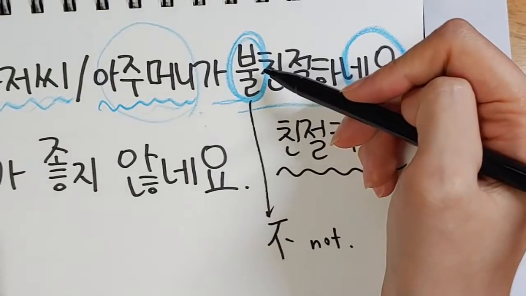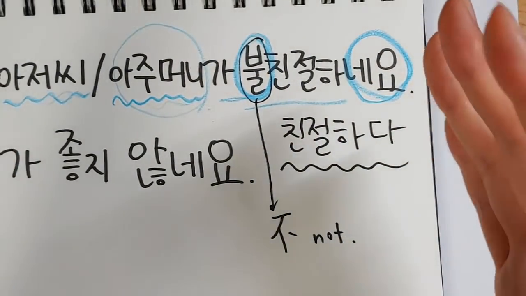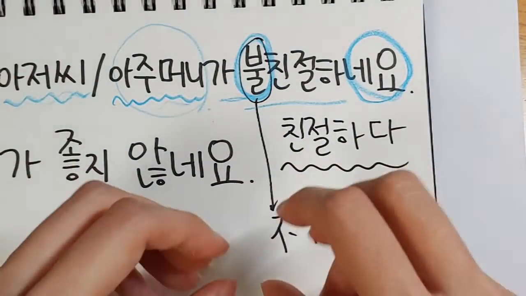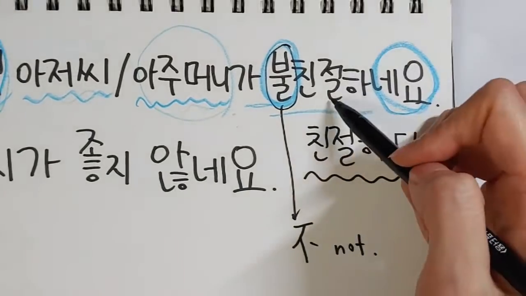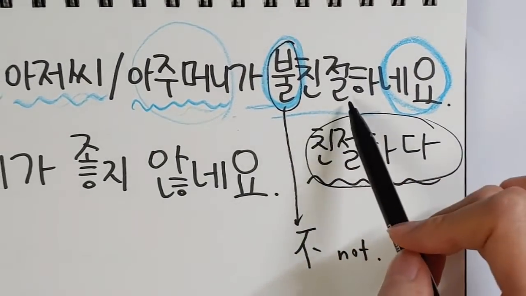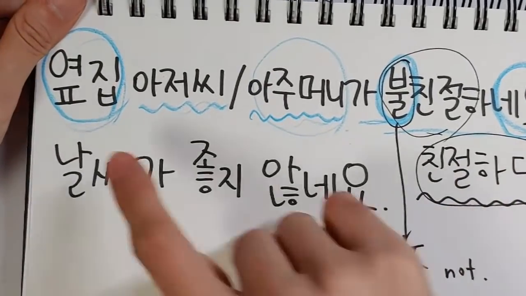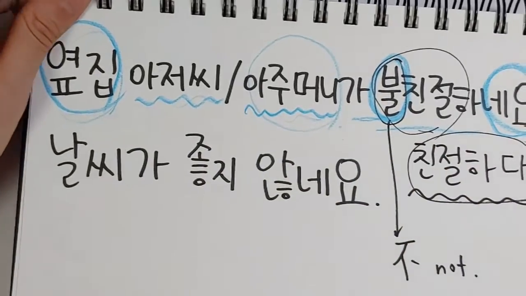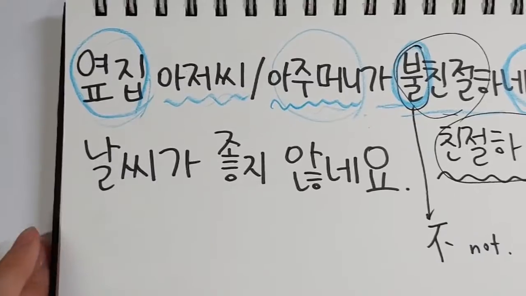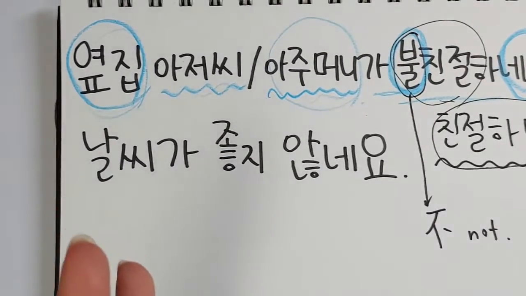And you'll see this letter used a lot when you're saying the word with opposite meaning. 불친절하다 is the opposite of kind, so it means unkind, not kind. So it means I can feel that 옆집 아저씨 or 옆집 아주머니 is not kind. 옆집 아저씨가 불친절하네요.